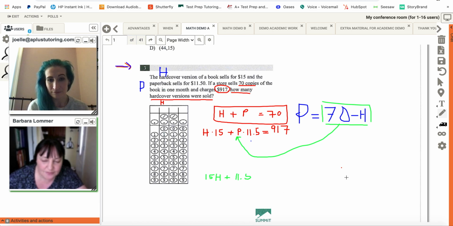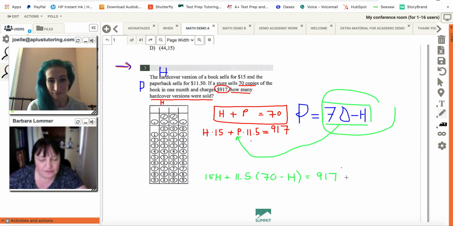Otherwise, we do not distribute correctly, and the College Board will anticipate this, okay? Equals 917. And now it's just middle school math. You can distribute in 11.5, and then you use your calculator to combine like terms, and you're going to come out at the end at H equals 32.